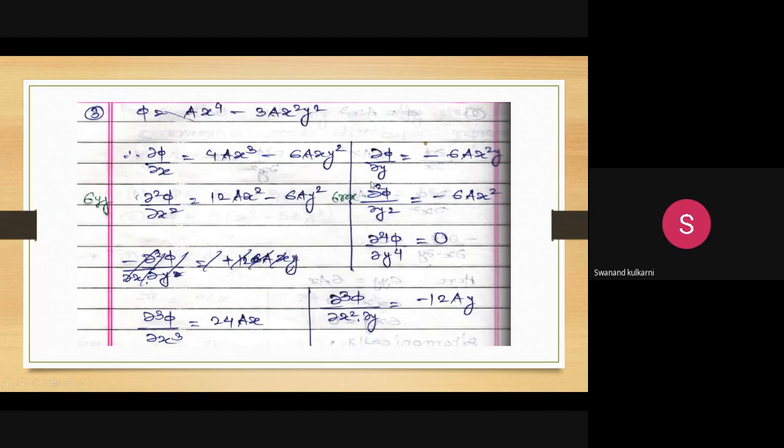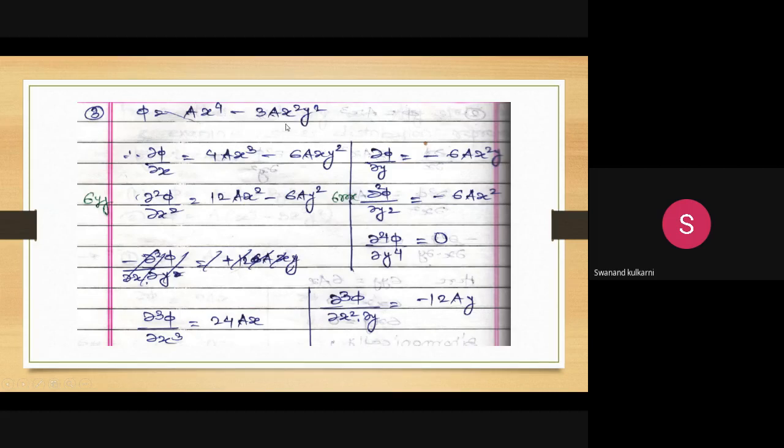Then again, let us check here ∂φ/∂y. So for differentiating this function again with respect to y, as this term in which y is not present will be considered a constant, that is going to convert to 0.